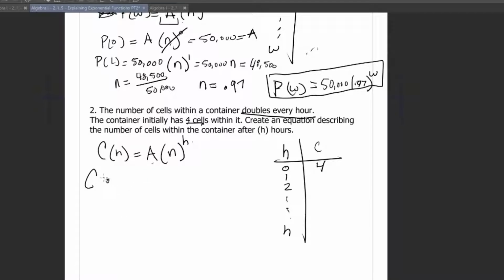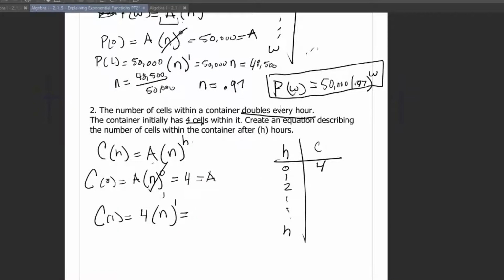We solve it the same way as the problem above. C of 0 equals A n to the 0, and n to the 0 equals 1. We know that initially there are 4 cells, so A equals 4. C of 1 equals 4 times some n to the 1.